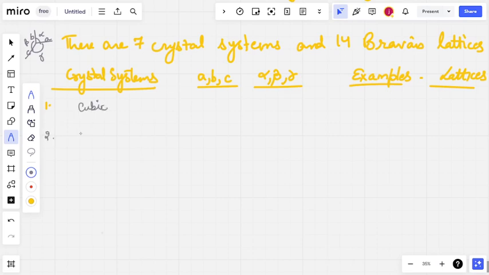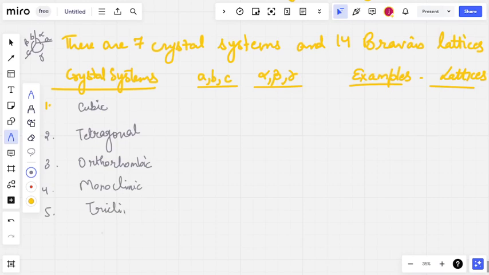Then we will study tetragonal system, orthorhombic, monoclinic, triclinic, rhombohedral and hexagonal. If we can learn in this same sequence then it will be very beneficial for us, because of the way these three parameters A, B, C and the alpha, beta and gamma parameters are going to vary.